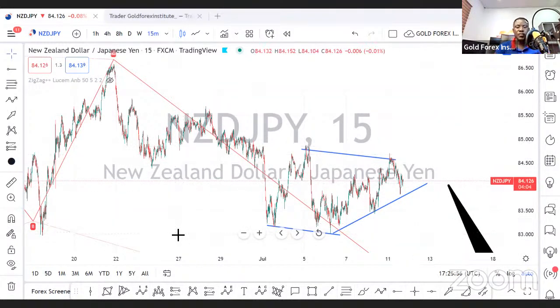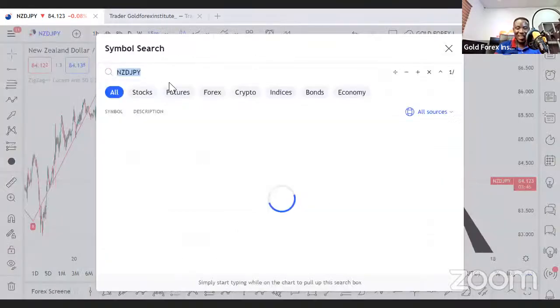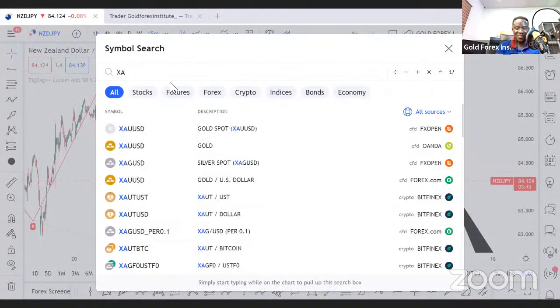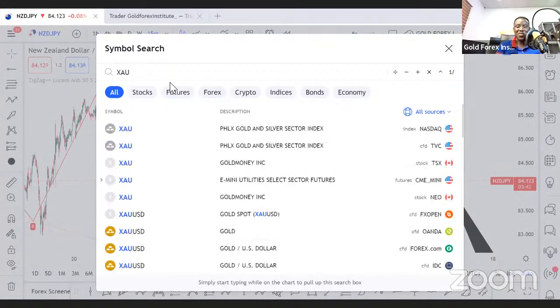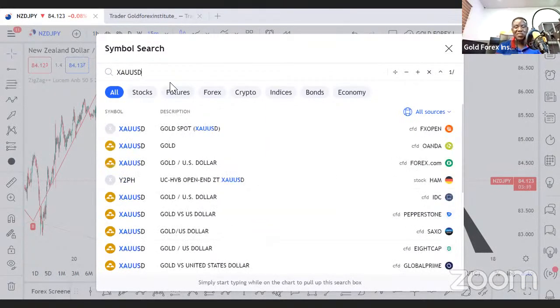Now, so we've done pound JPY, AED JPY, NZD JPY. Someone was talking about gold. I've not been watching gold actually. I don't like analyzing gold because gold itself, gold oil disciplined me some years back.